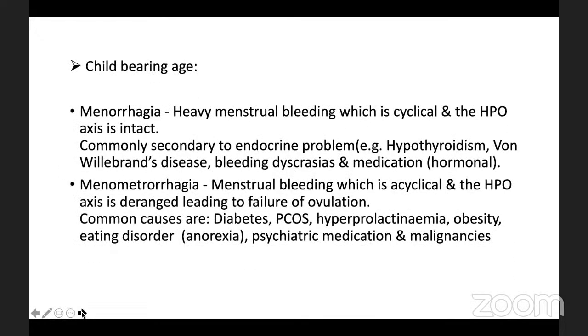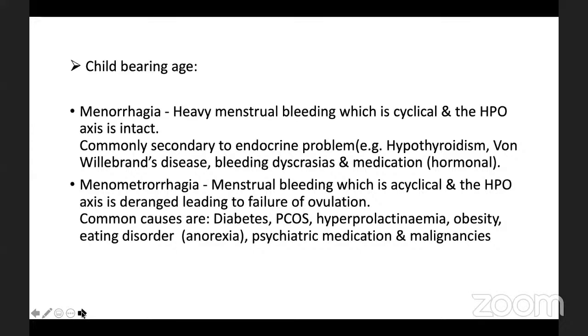So now here we're looking at women of childbearing age. So I focus more on menorrhagia here. Menorrhagia is a heavy menstrual bleeding, which is cyclical, whereby the HPO axis is intact, and it's commonly secondary to endocrine problems.